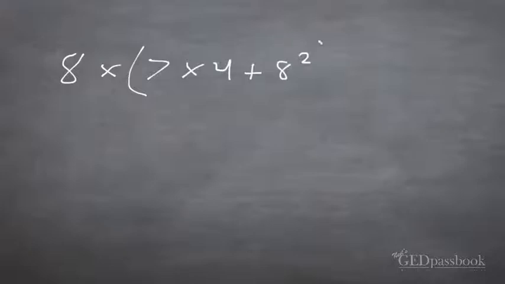That's what we did last week, and we were doing problems like these. We were going over 8 times 7 times 4 plus 8 squared plus 5, with the parentheses.